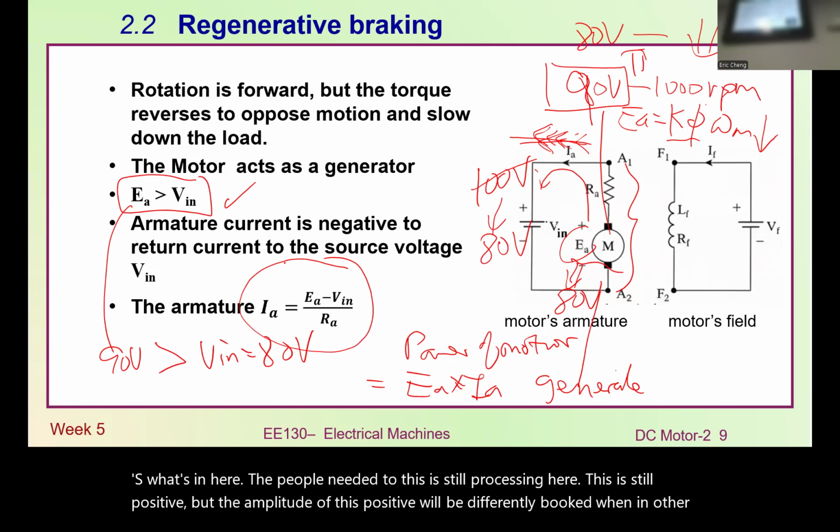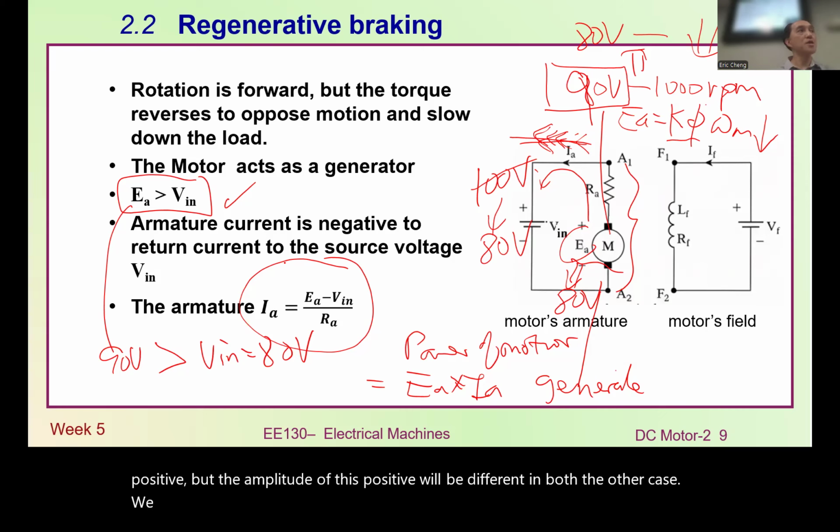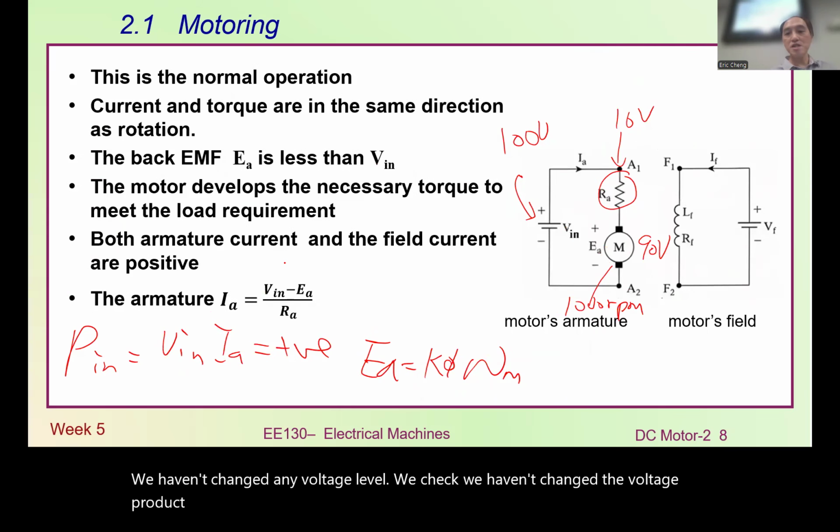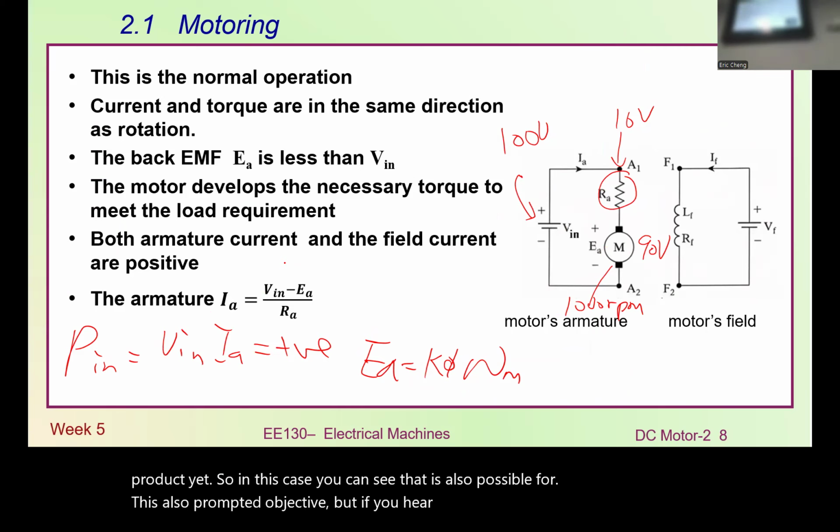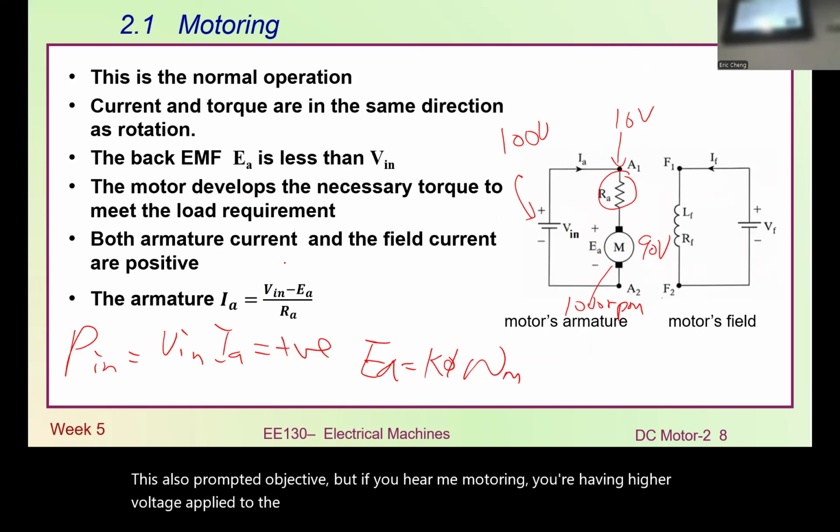So we haven't changed any voltage level, and we haven't changed the voltage polarity yet. In this case, this is positive voltage and this is also positive voltage. But here in motoring, we have higher voltage applied to the motor, and this must be higher than the back EMF EA. This back EMF EA is the internal voltage from the motor.